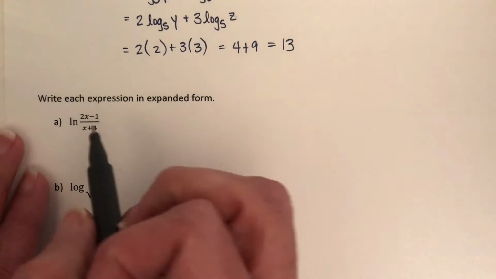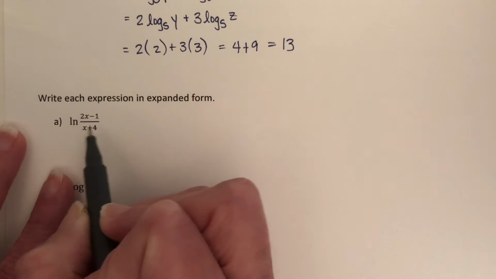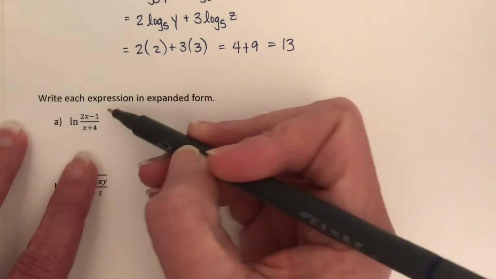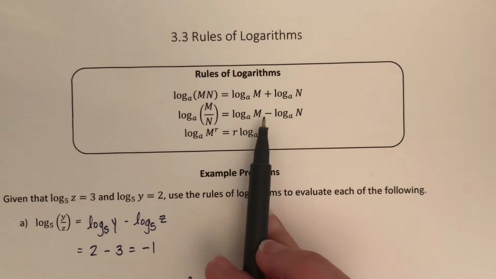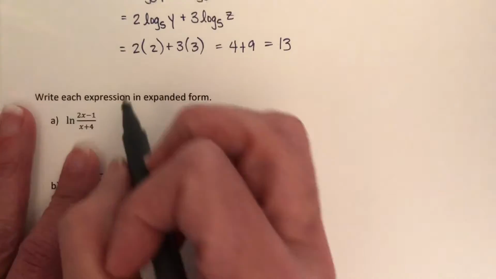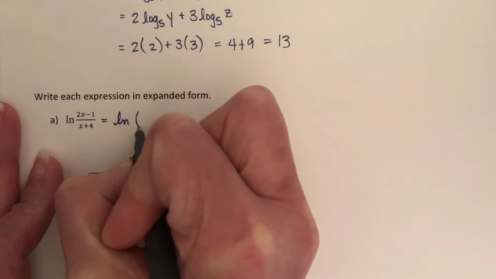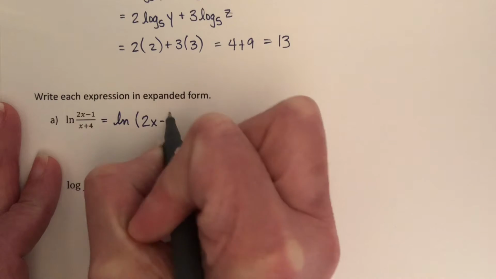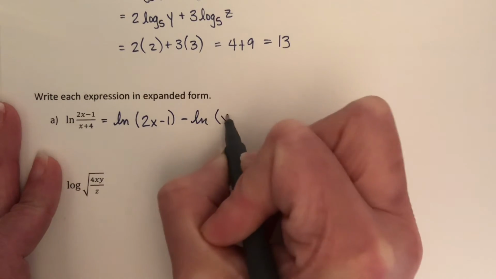So I want to expand natural log of 2x minus 1 over x plus 4. This is a division, so I'm going to use this property and separate them using a minus sign. So this becomes natural log of 2x minus 1 minus natural log of x plus 4.